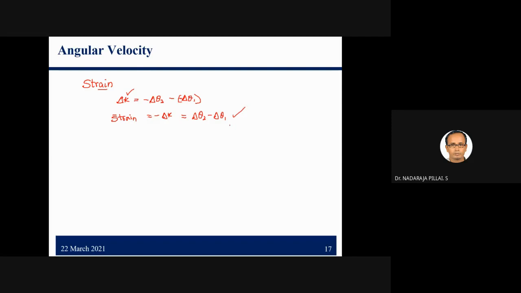I recommend you work out this strain. Then we should write something called time rate of strain.